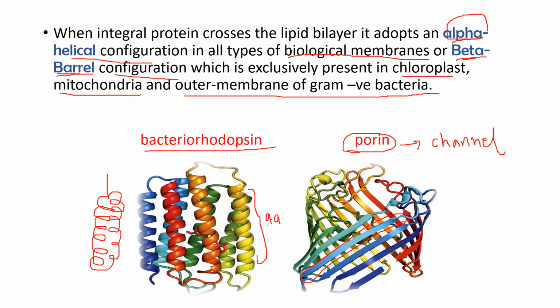The non-polar amino acids interact with the non-polar tails of phospholipids, and the polar amino acids form the interior of the channel, which means the tunnel of the channel is completely made up of polar amino acids.